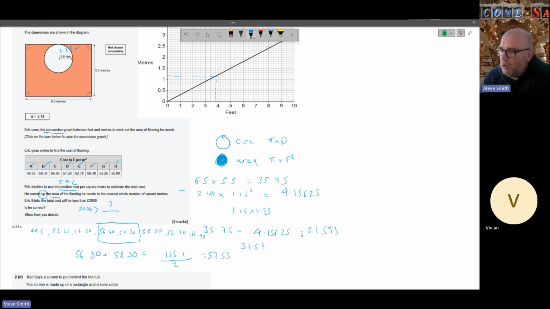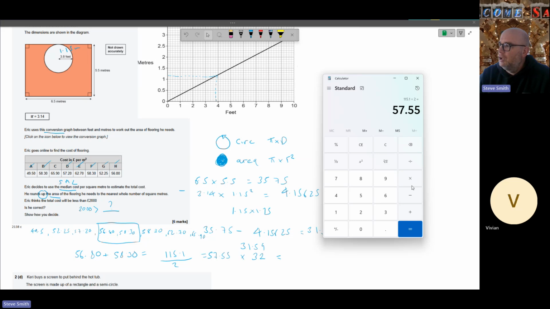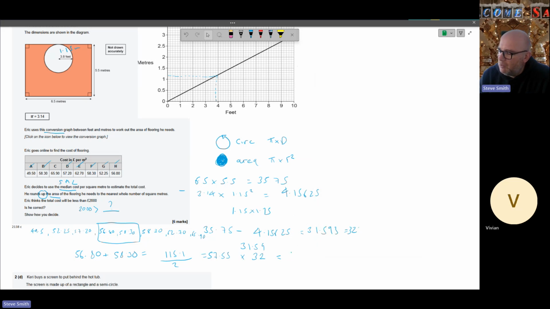Okay, so that would then equal 32 meters. So we've got that as a price, and we're doing it for 32 meters. And so we now need to look at the price being less than 2,000. So times by 32 equals £1,841.60.